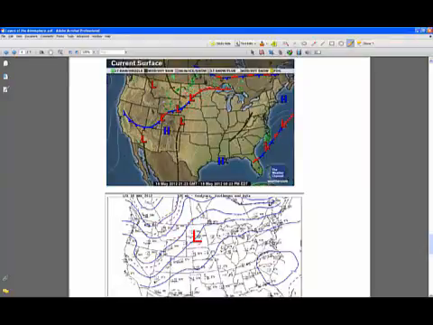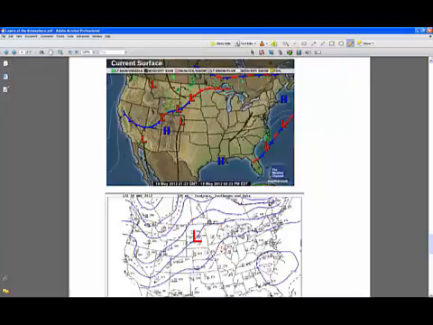the surface low is going to move roughly at about half the speed of the winds at 500 millibars, where that surface low is located. So the winds over South Dakota and North Dakota look like they're at about 20 knots.